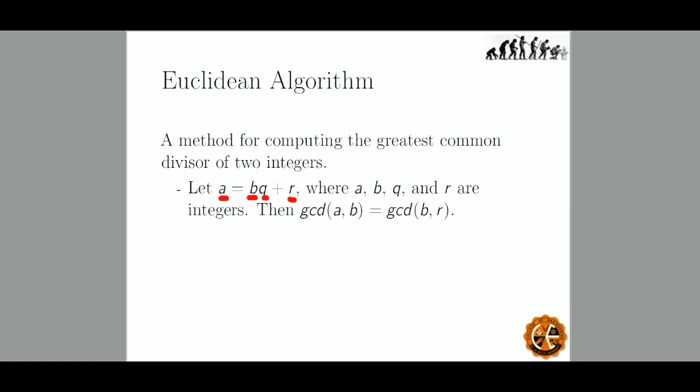So in the first step, we're going to apply the GCD of A with B, and basically the assumption here is A is greater than B. Afterwards, you will get the GCD of B, the smaller number, with the remainder of the previous division.